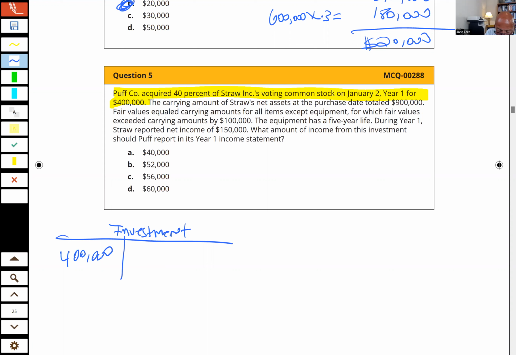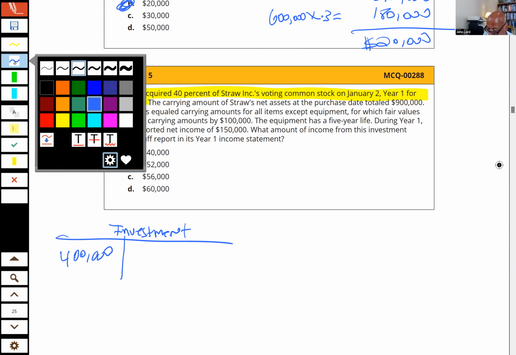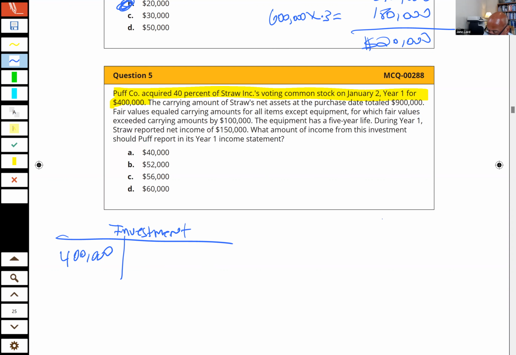Now, you didn't need to do this for this question, but my sense when I looked at this is, okay, 400,000 is what they paid. That 400,000 should be equal to 40% of what? Of the 900,000 book value, plus the 100,000.